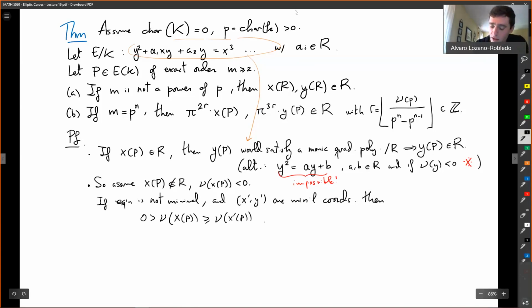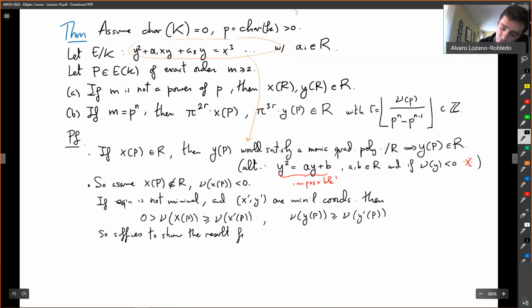And similarly, the valuation of y would be even bigger than the valuation of y prime. So that is also negative. So might as well assume that the equation was minimal to begin with. It suffices to show the result for minimal equations.